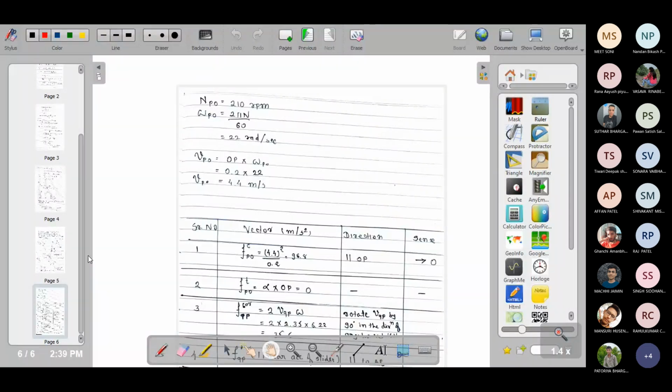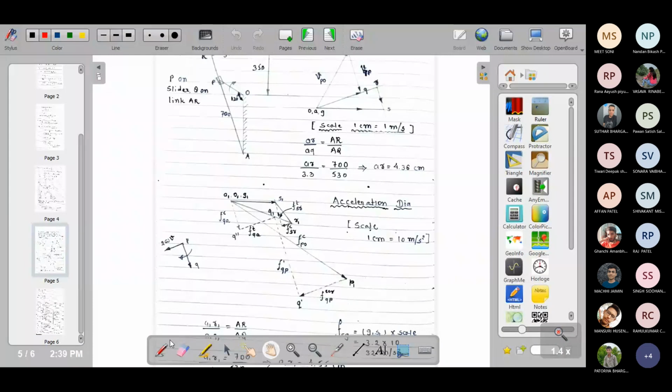What is the center of rotation here? O. So the vector goes parallel to the link OP in this direction, towards O. Is this clear? First vector.